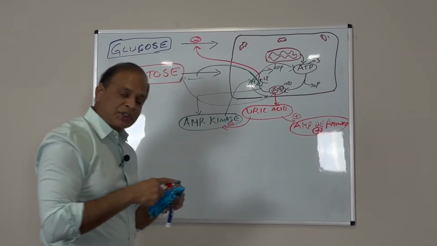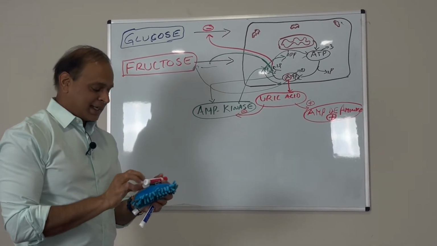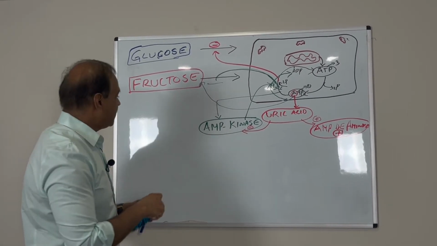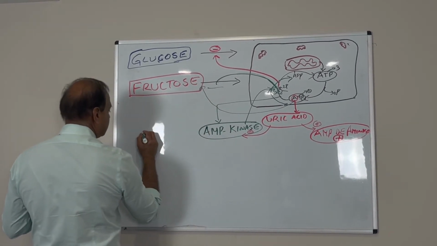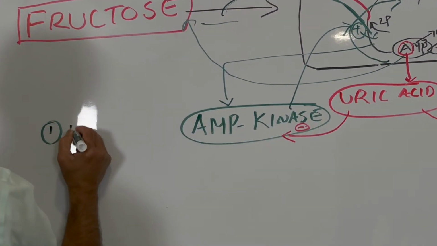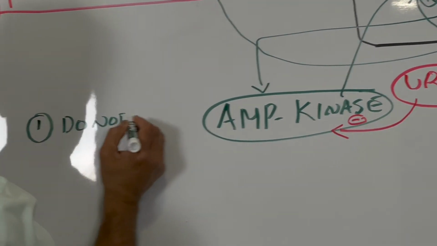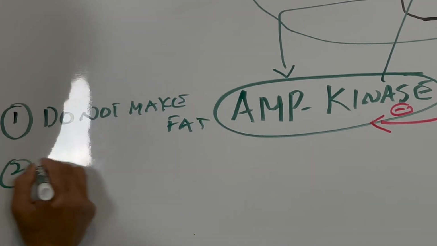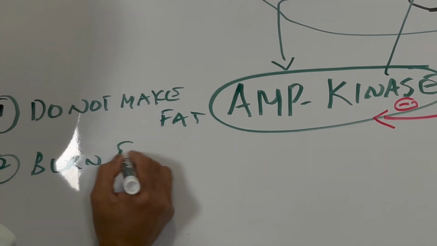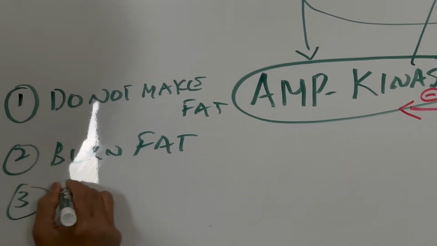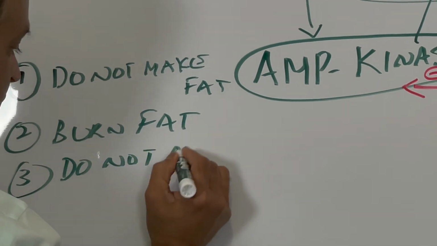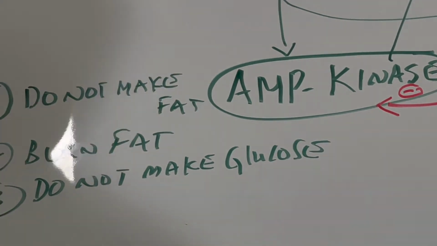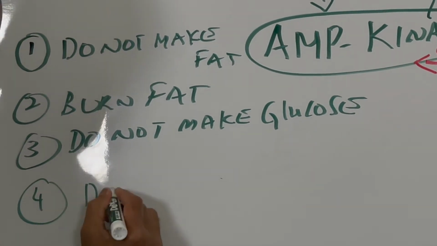To understand that, first we have to know what AMP kinase does. This is what we want. This is for favorable things that we all want. AMP kinase actually tells the body: do not make fat, burn fat, do not make glucose, do not increase the blood pressure.